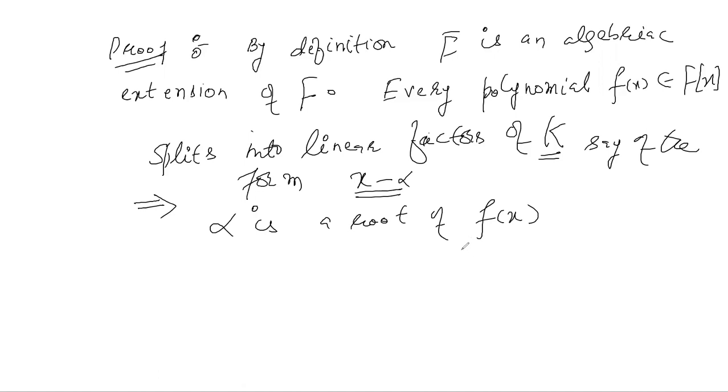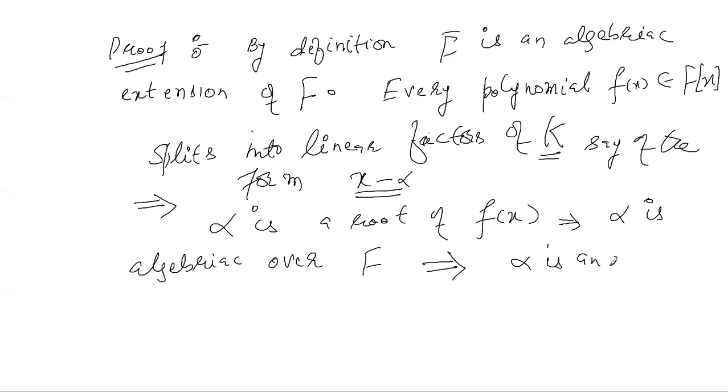In particular, it shows that alpha is algebraic over f. So this means alpha is an element of f bar.